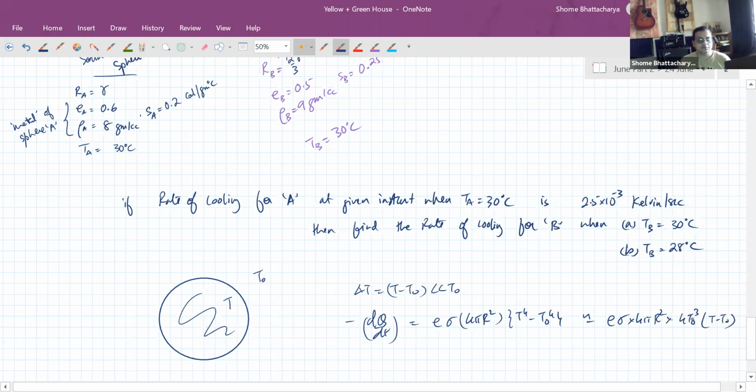Okay, so this is the approximation step. This whole term will get approximated as this term by binomial approximation.